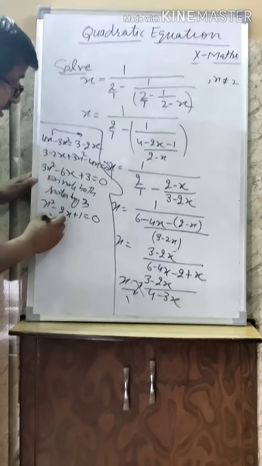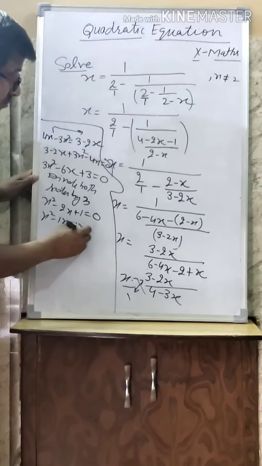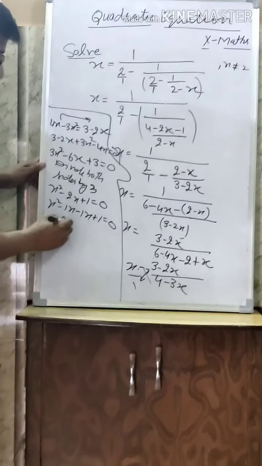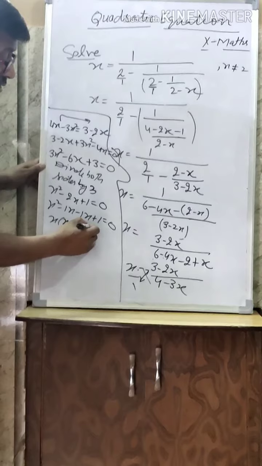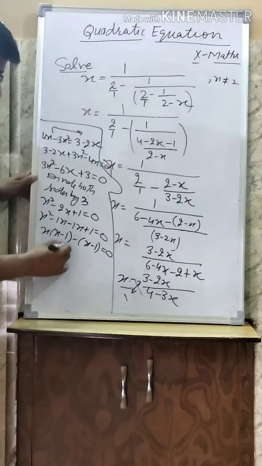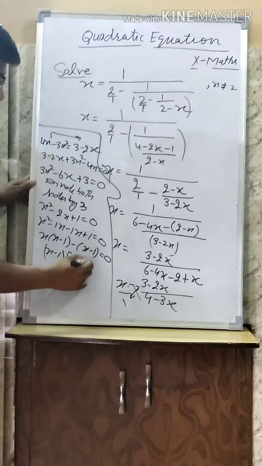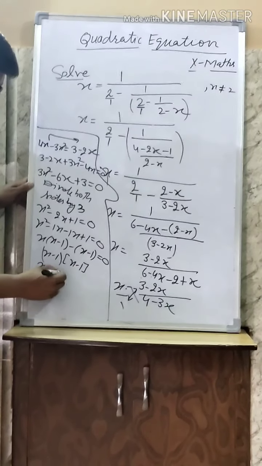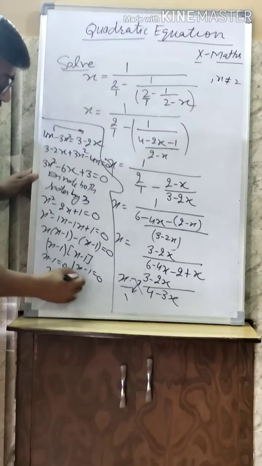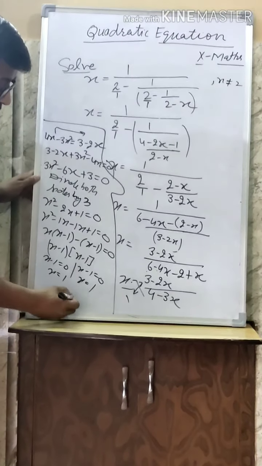So x square minus 1x minus 1x plus 1 is equal to 0. So here x common, x minus 1, minus common, x minus 1. So x minus 1 into x minus 1. So either this is equal to 0 or this is equal to 0. So x is equal to 1, x is equal to 1.